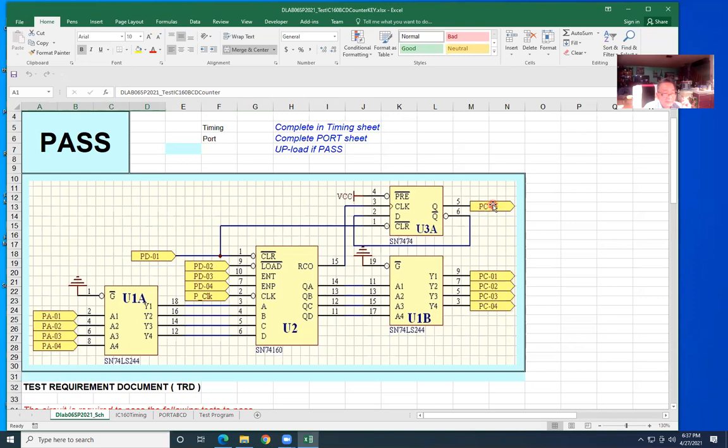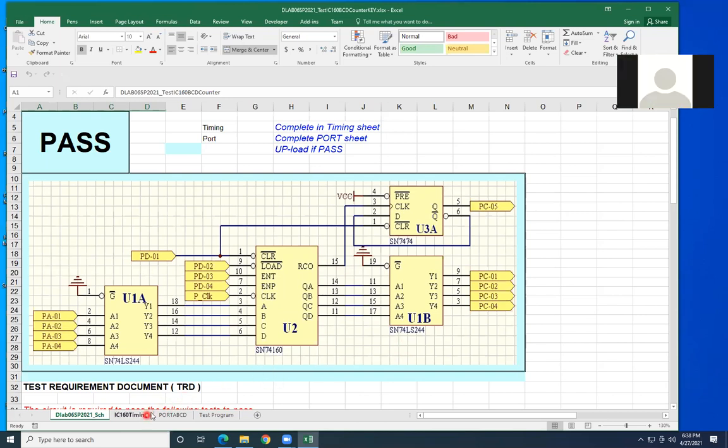Now, when this counts up to number 9, you get the 0 go to 1 here. That will clock the U3A. The output will toggle. And if I read the output as 1, I know this is okay. If I read the output still being 0, that's telling me no pulse is coming out here. That's how the whole circuitry works.